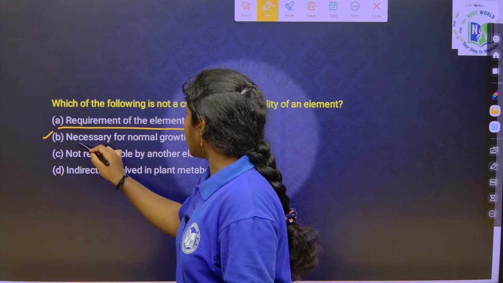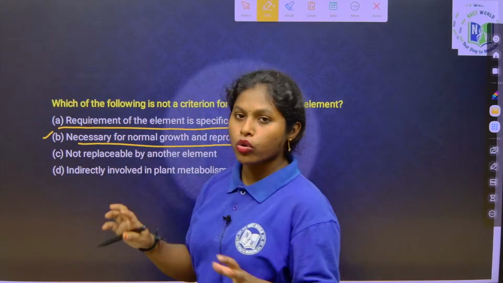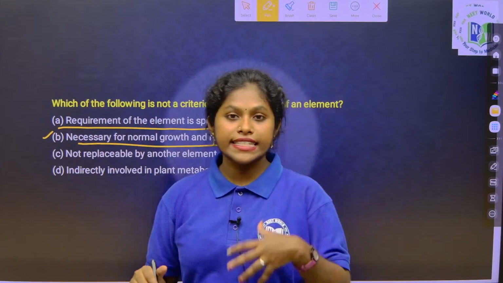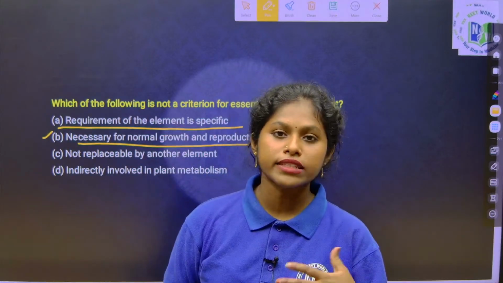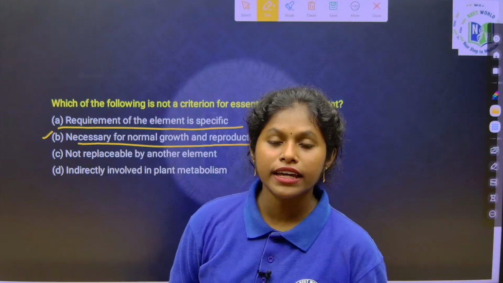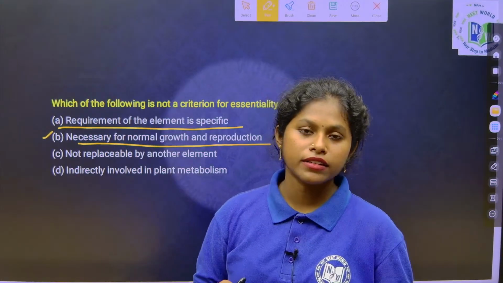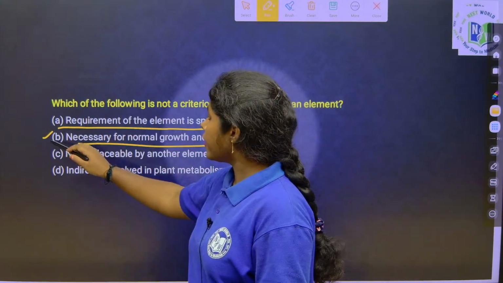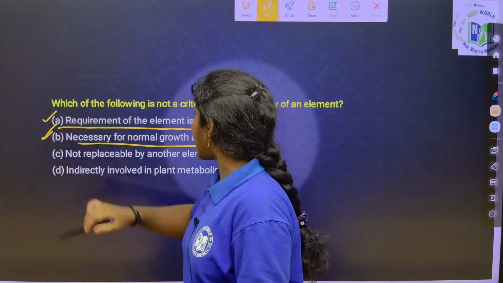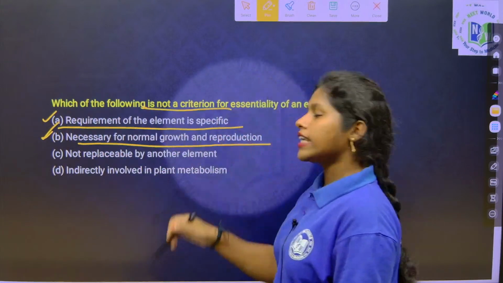And they are necessary for normal growth and reproduction, mainly for the plants to set their seeds. The requirement should be fulfilled, then only normal growth and development can be seen. So that is why B is also a correct option. They are asking which is not a criterion.